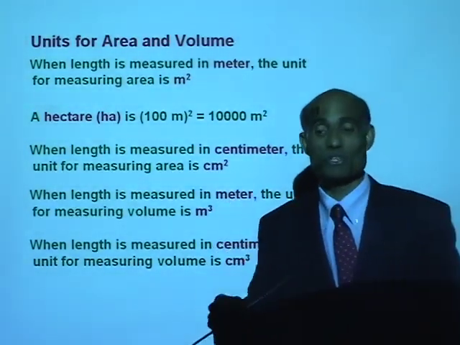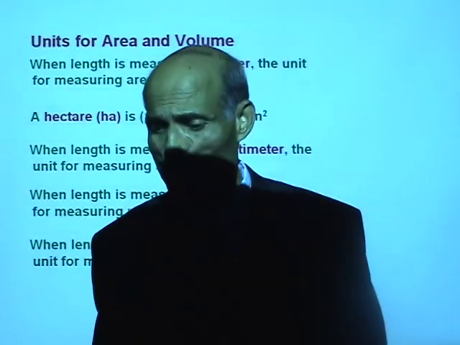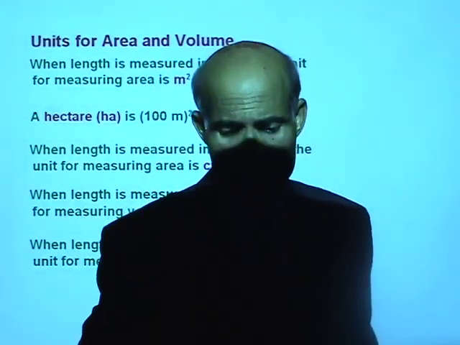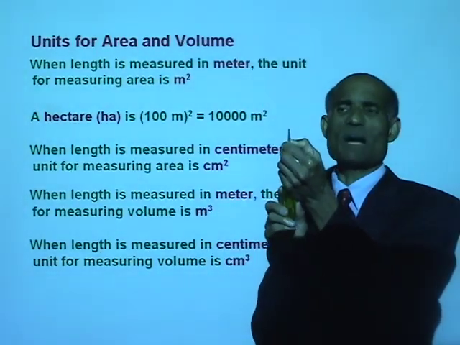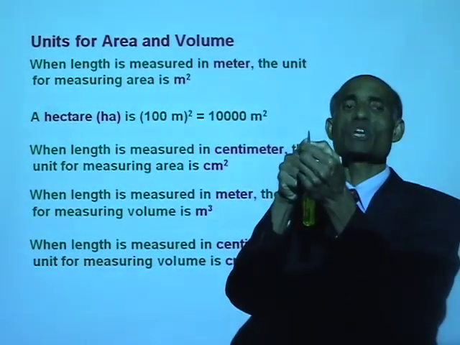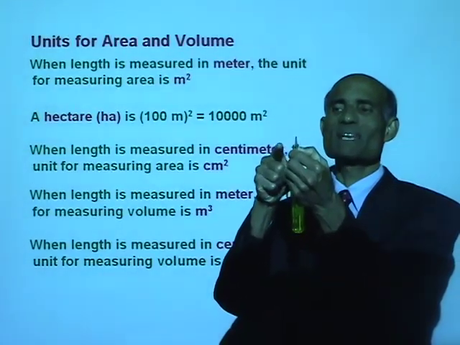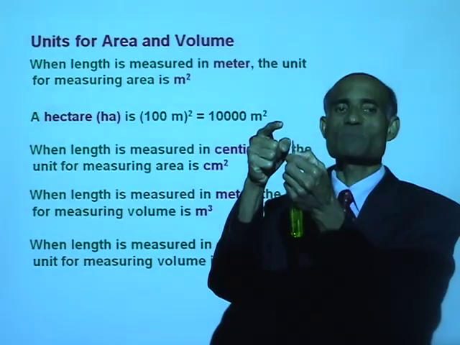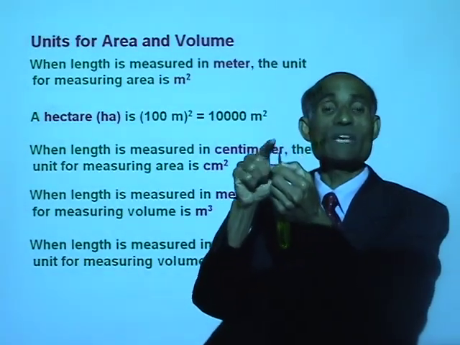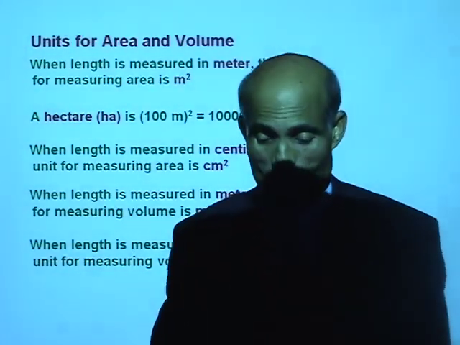How big is a centimeter cube? Well, a centimeter is about that much. So consider a cube of side 1 centimeter long, 1 centimeter wide, and 1 centimeter high. That will be a centimeter cube.